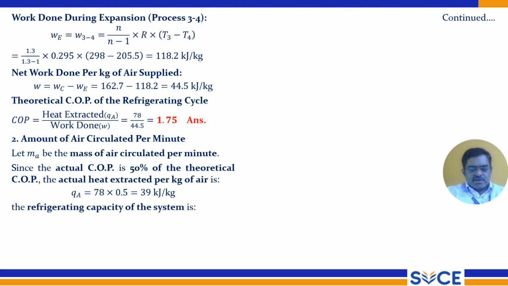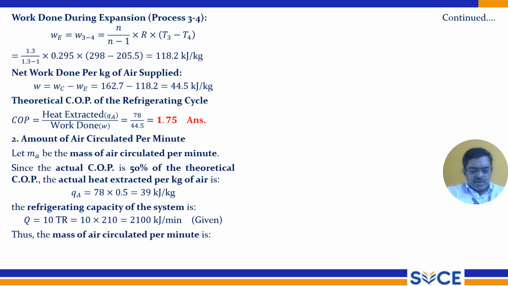The refrigerating capacity of the system is Q equal to 10 tons of refrigeration, that is 10 into 210. The 210 is already given in the table. From there you can take this equal to 2100 kilojoules per minute.